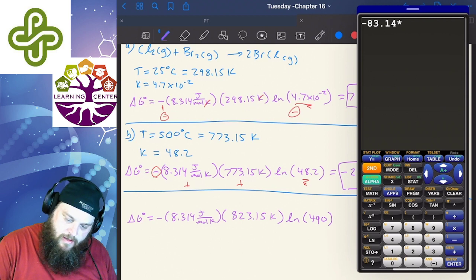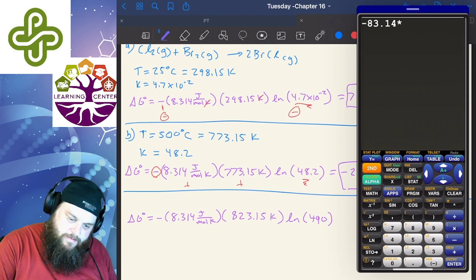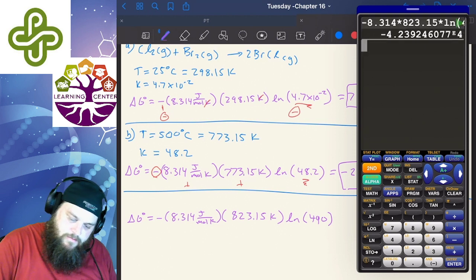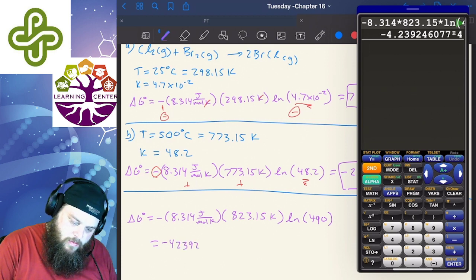Start that over: 8.314 times 823.15 times the natural log of 490. That's going to be equal to a negative 42,392.